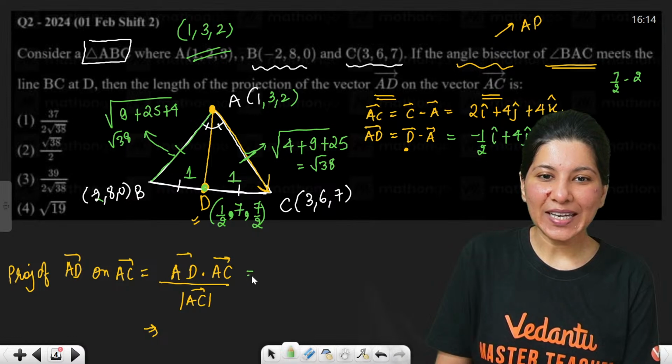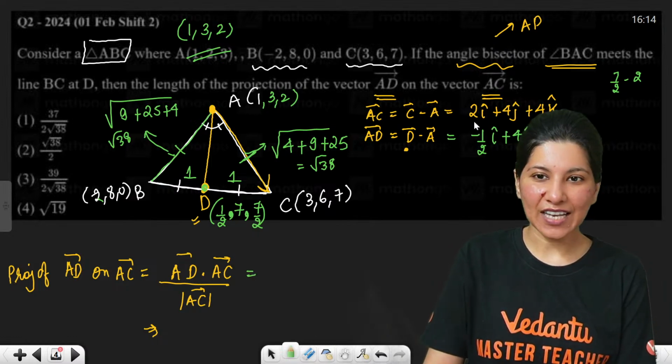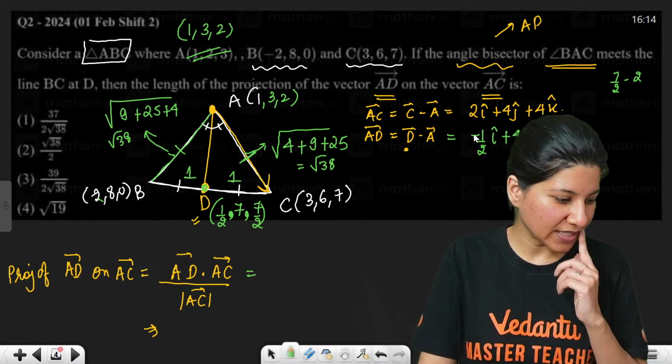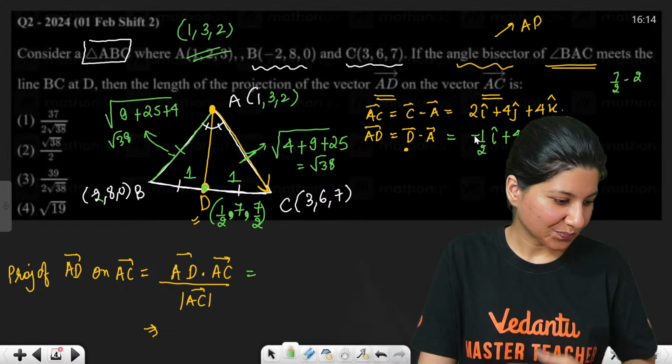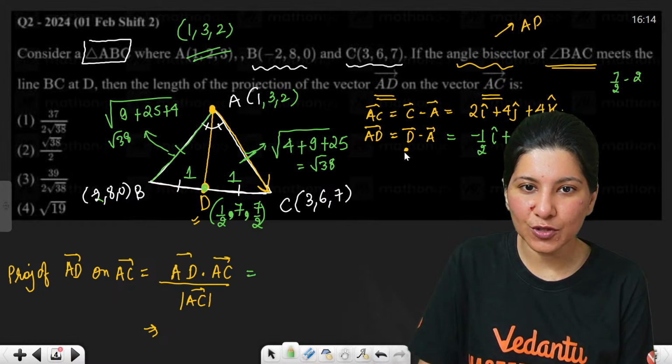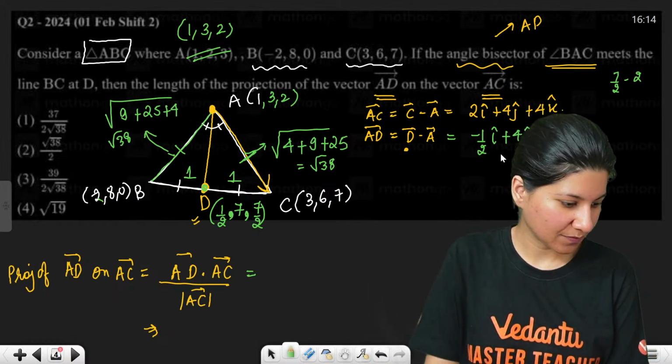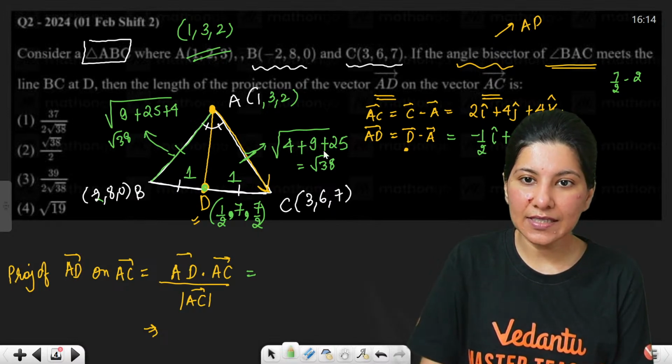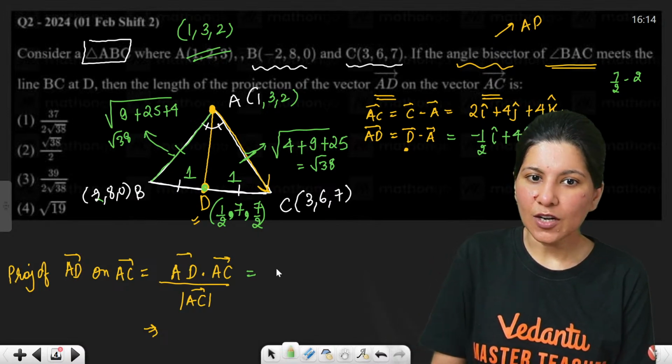Anyway, so AD dot AC, correct? Now let's calculate AD dot AC. So you are having half, minus 4, minus 3 by 2. This is minus 4, D minus A, 7 minus 3. AD is D minus A, right? Now take the dot product.